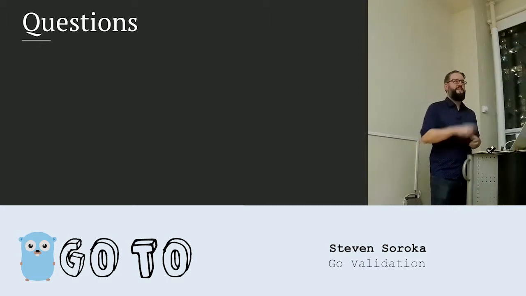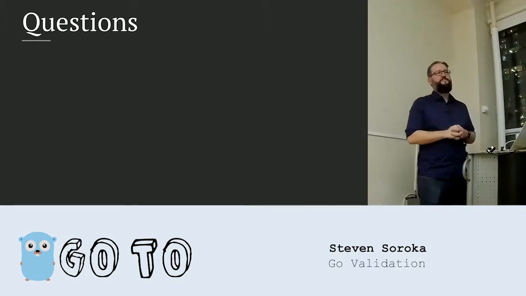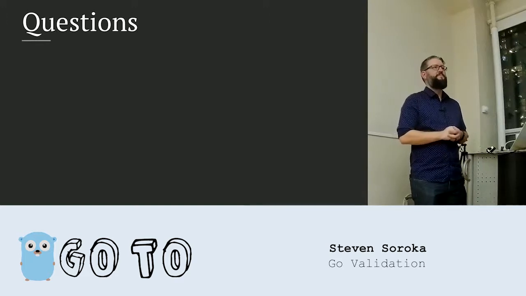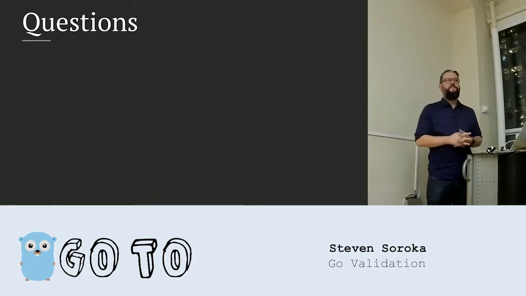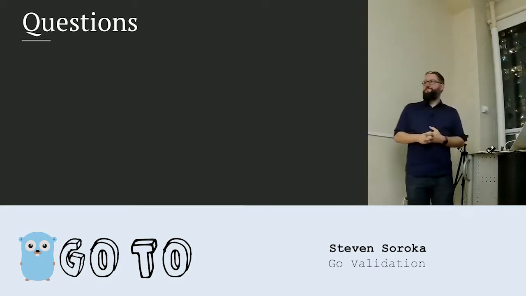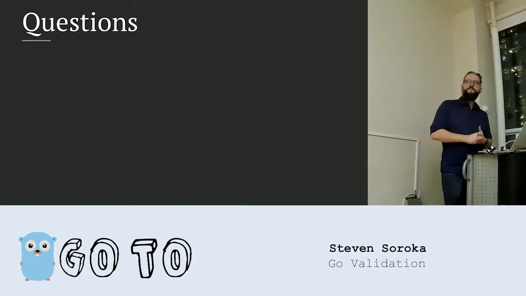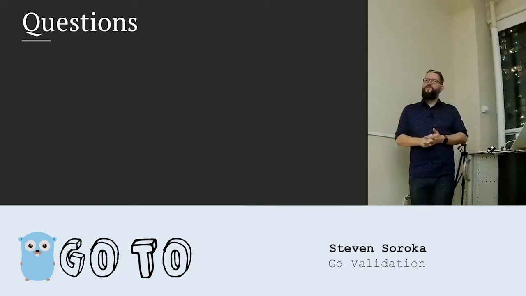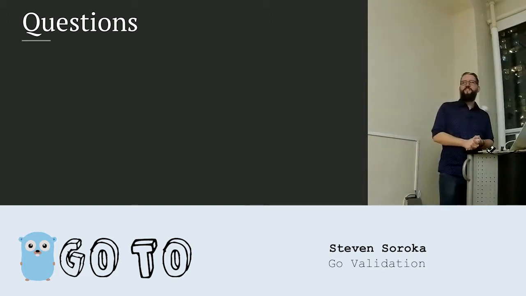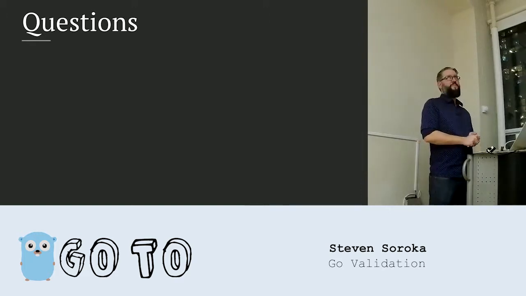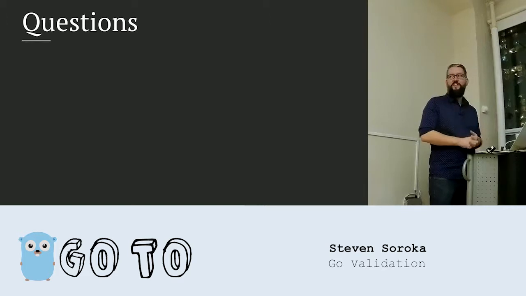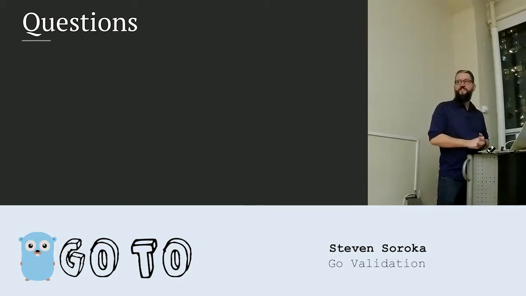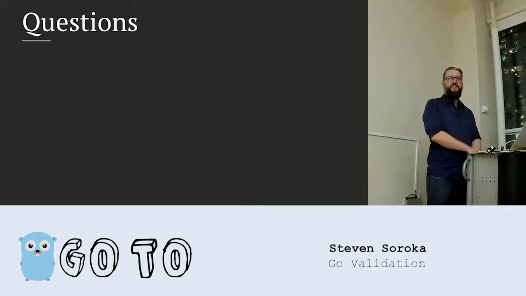Cool. Yes? You mentioned earlier that you can get documentation based on your validation. Is that something you get for free, or would you have to build something to pull out the validation rules and drop them in the documentation? Do you get the documentation for free out of the validation? At this point, I don't think there's anything out there that I've seen that will give it to you for free.